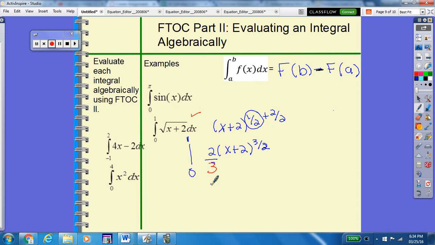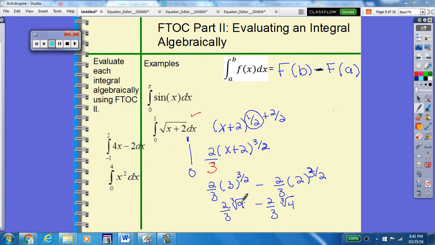I get 2/3 times 1 plus 2, which is 3, to the 3/2. And then minus 2/3 times 2 to the 3/2. Okay, and that's it. Now I just have to simplify. This is going to be a little bit harder than I thought. So I'm going to press pause and have my calculator help me out here.